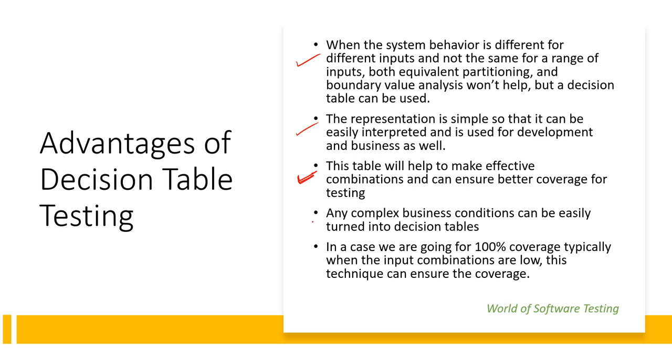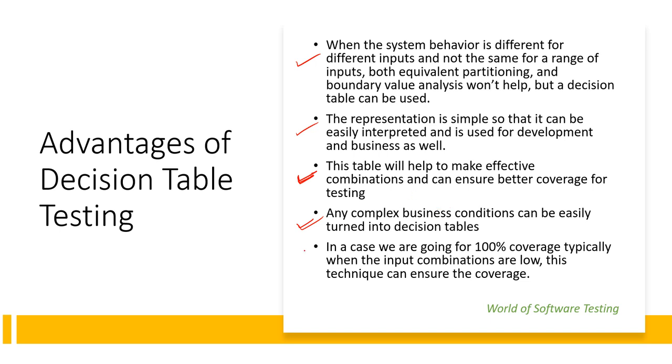Next, any complex business conditions can be easily turned into decision tables. Because we need to find out what the business conditions should perform, we should be able to use decision table based testing to turn them into decision tables.